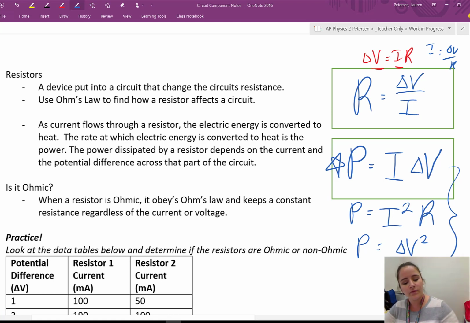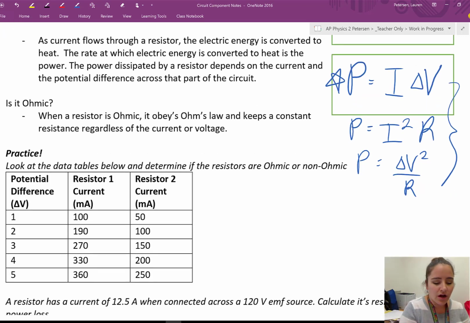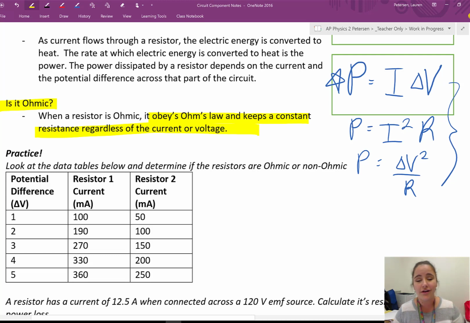Okay. Now, resistors, we typically think of as having the same resistance. If it's a 100 ohm resistor, it's a 100 ohm resistor. However, that's not necessarily always the case. Okay. Some resistors are what we call ohmic. Okay, they obey Ohm's law all the time and keep a constant resistance regardless of the current or voltage flowing through it.